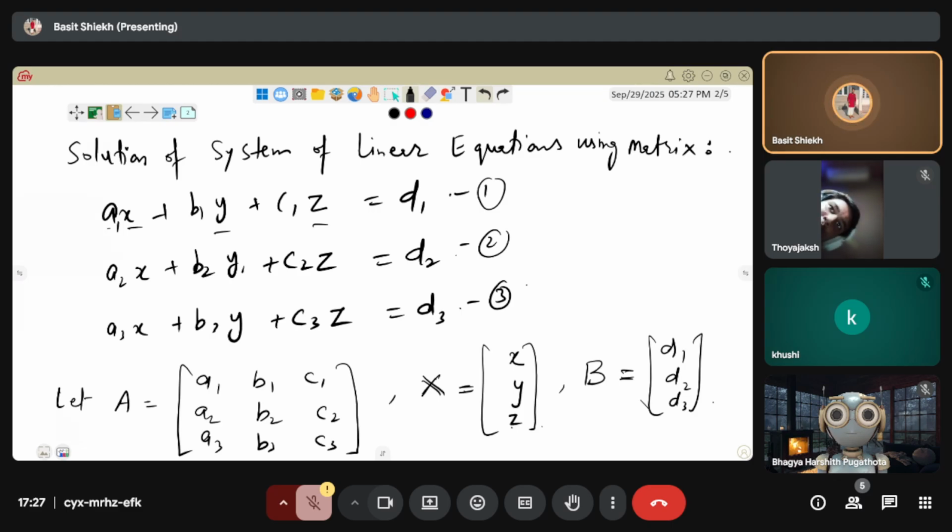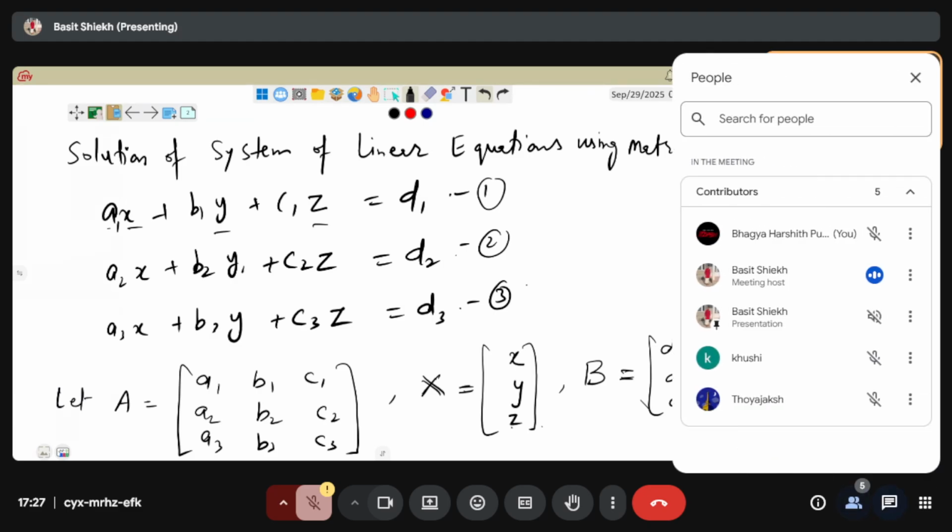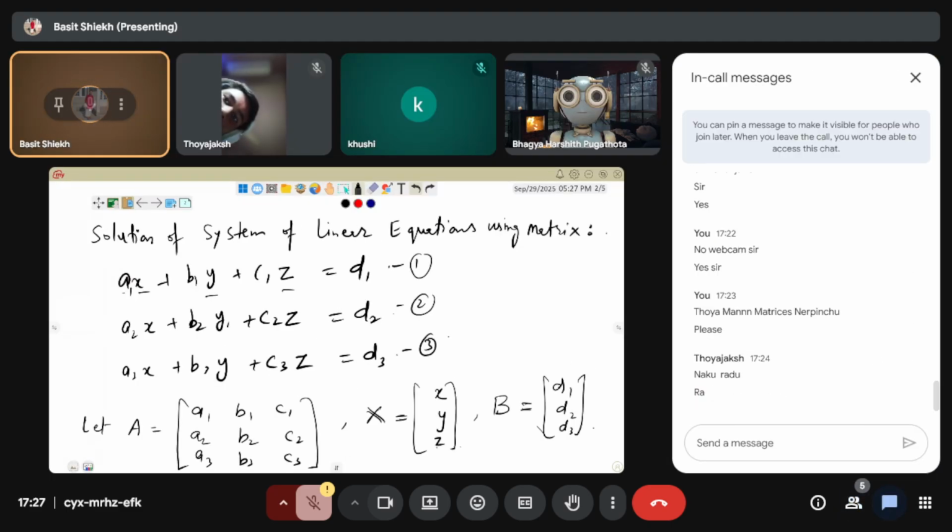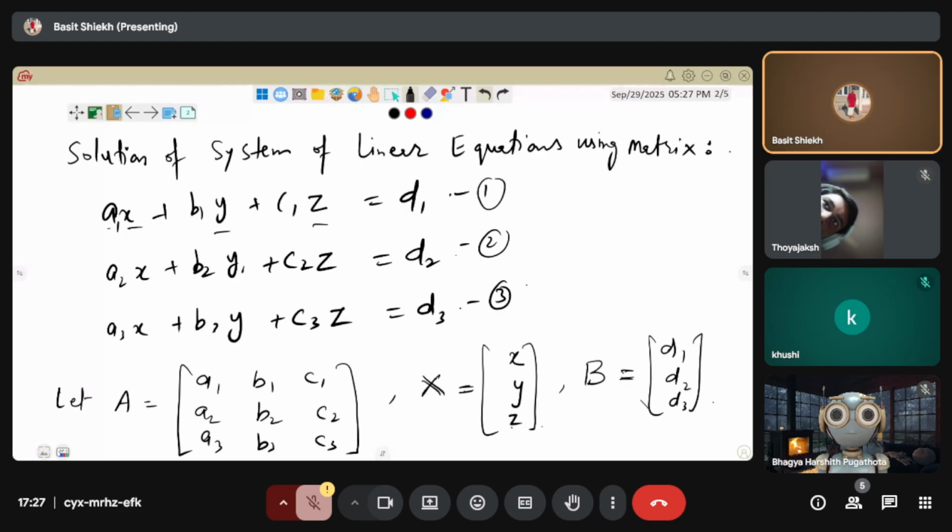So what we will do first is write matrix A as a coefficient matrix. A is the coefficient matrix of x, y, and z. The first row will be the coefficients of x, y, and z of the first equation.